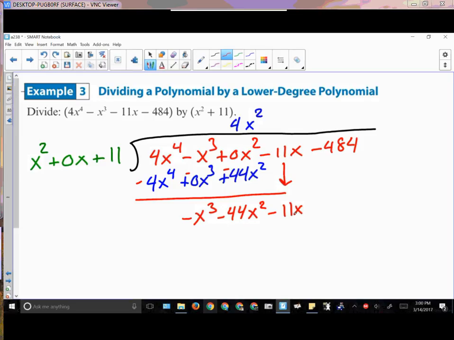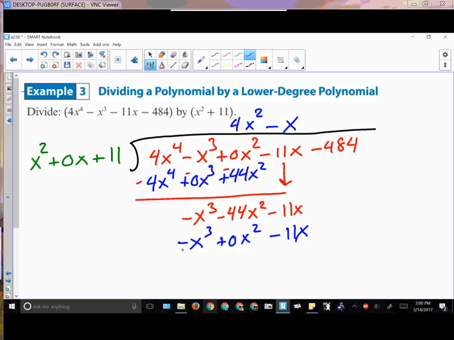What must I multiply x squared by to get to negative x cubed? Well, I need an x, so that'll be a minus x. So negative x times x squared gives me negative x cubed. Negative x times 0x gives me 0x squared. Negative x times 11 is going to give me negative 11x.